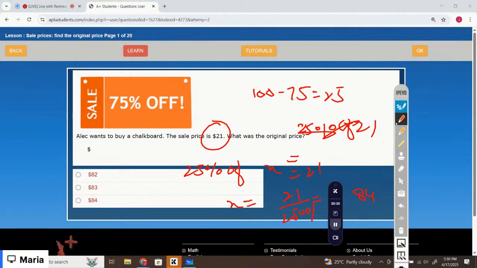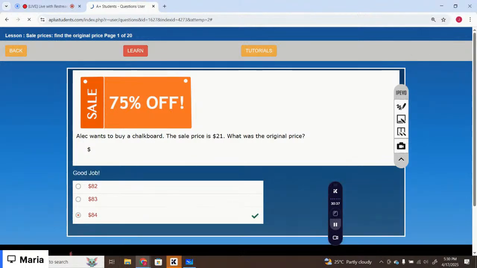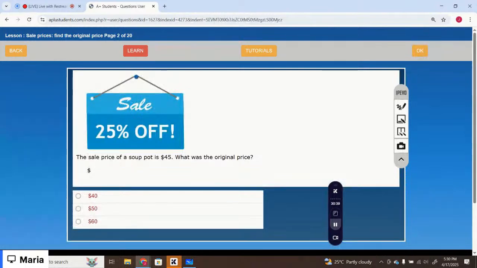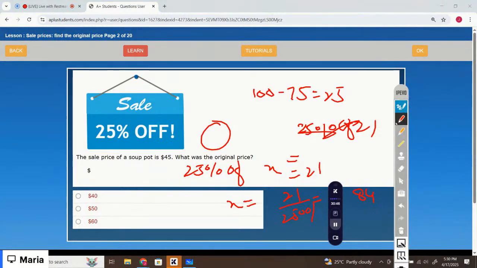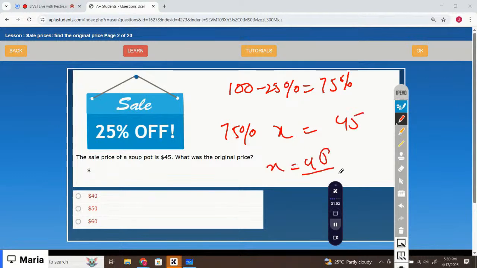The sale price of a sweater is $45. What was the original price? So that was on 25% sale, right? So 100 minus 25% equals 75%. That means you still paid 75%, right? So 75% of some number equals 45. So x equals 45 over 75%. That is 60.